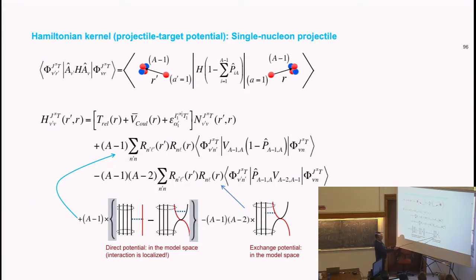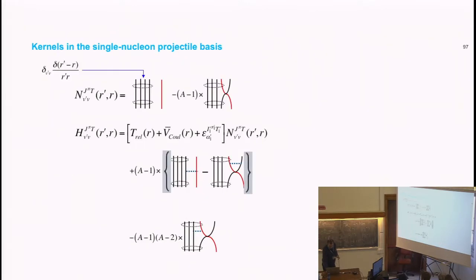But then you also have a process where you exchange the projectile with one of the nucleons in the target, and that nucleon then interacts with another nucleon in the target. This we call the exchange potential. So it already involves two nucleons in the target. It depends on the two-body density of the target, while this process depends only on the one-body density of the target. Again, this is more technical, and I don't want to bother you too much with it.